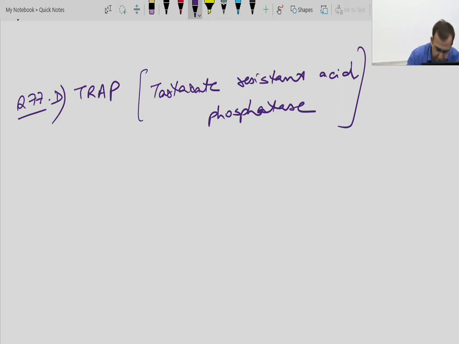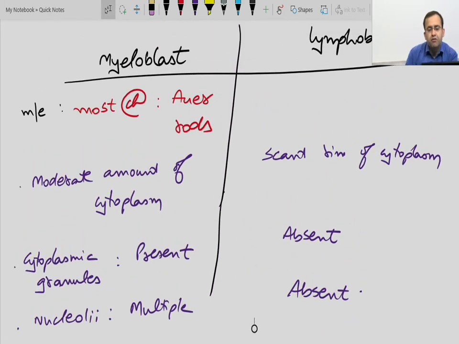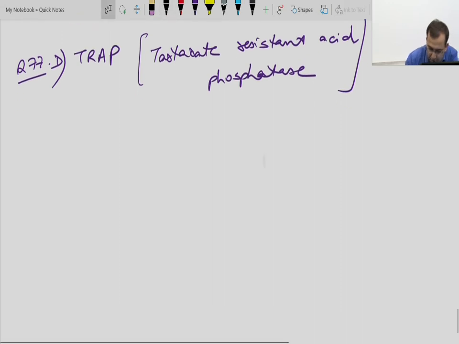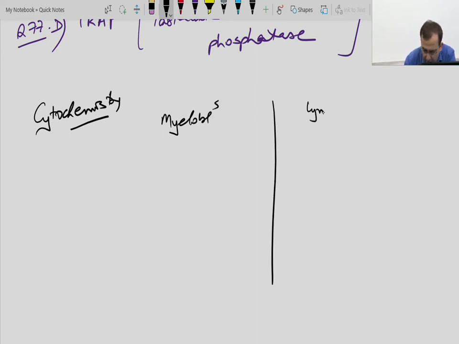Before we go further, let us continue this table of myeloblast versus lymphoblast. We saw the differences between them microscopically. But on the basis of microscopy, we will not always be able to differentiate a myeloblast from a lymphoblast. For that, we need special stains, that is cytochemistry. Let us see the stains that we use for myeloblasts versus lymphoblasts.